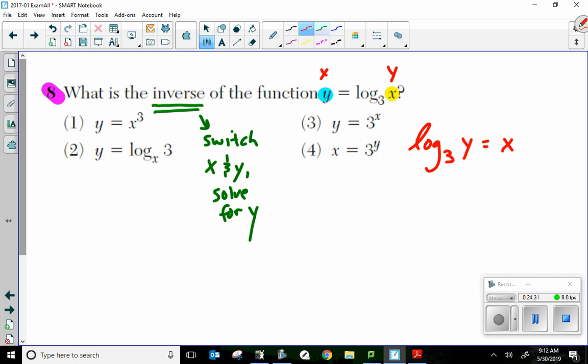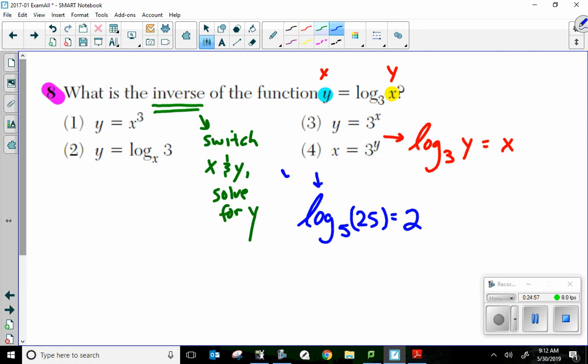Okay, so now I've got to figure out how to get this in terms of y equals. All right, and whatever that is, that's my inverse. Okay, your rules for log. Quick review. If I have log base 5 of 25, that equals 2. Okay, I'm just going to put some numbers in here.